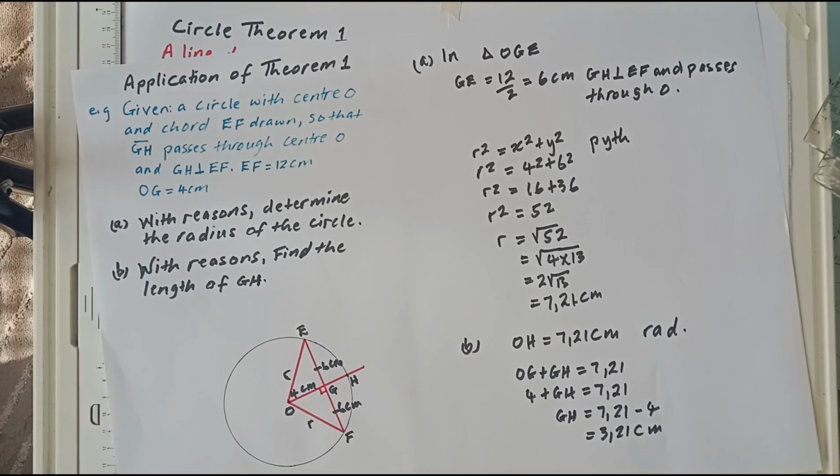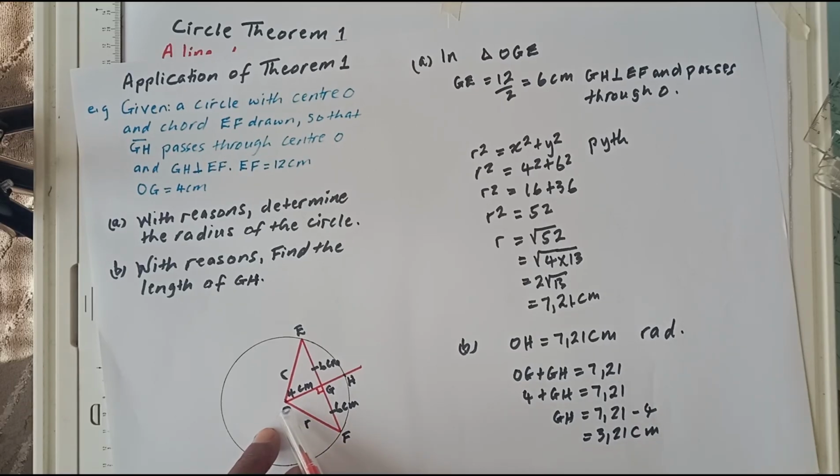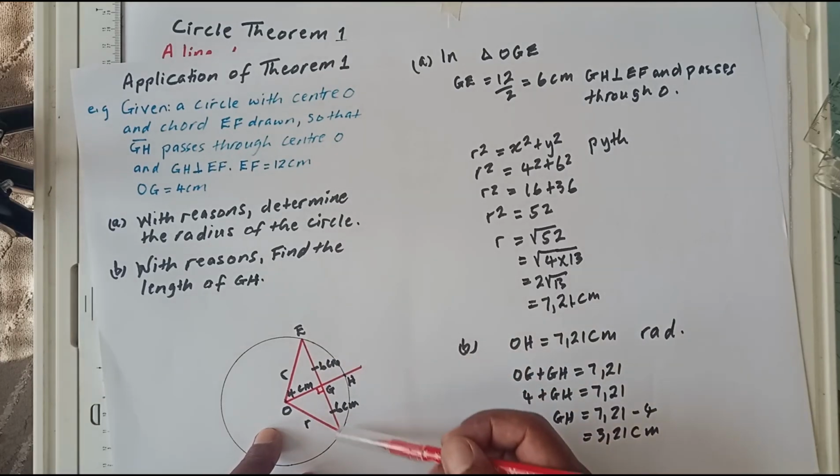So this is how you can apply circle theorem 1. Effectively, it depends on the question that is given. Now, there are two things here. Either you are given a line passing through the center like this and is perpendicular, or we are told that the chord is already divided into two equal parts.